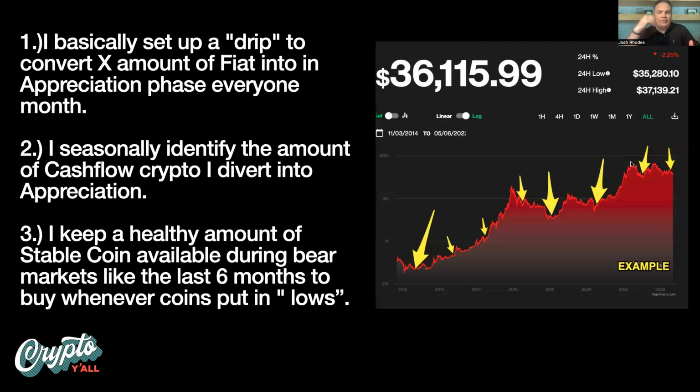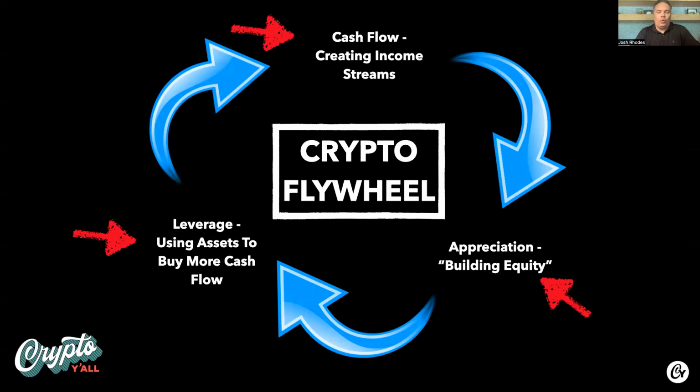The second part of the flywheel is meant to be your wealth building arm. And the cash flow is simply the hydroelectric dam that's creating the energy from the river that's running through it, AKA the crypto market. And this is really the way I view things when it comes to building your net worth over and over again.